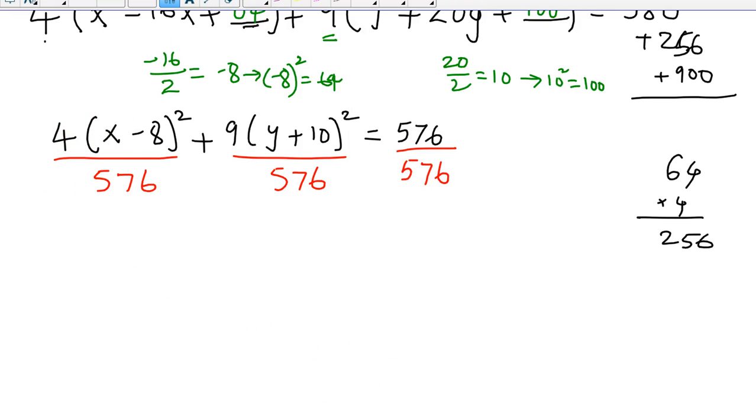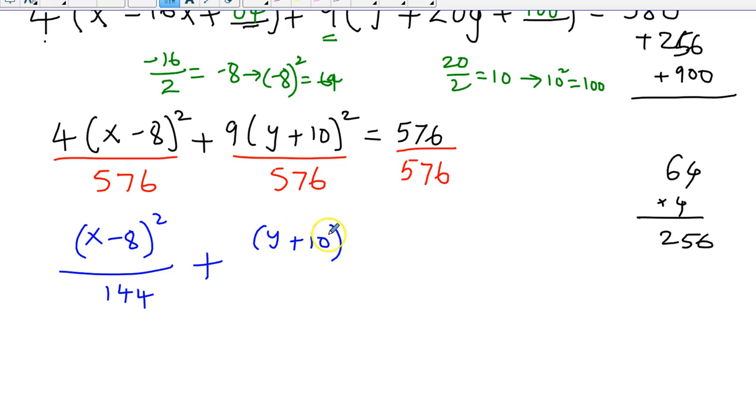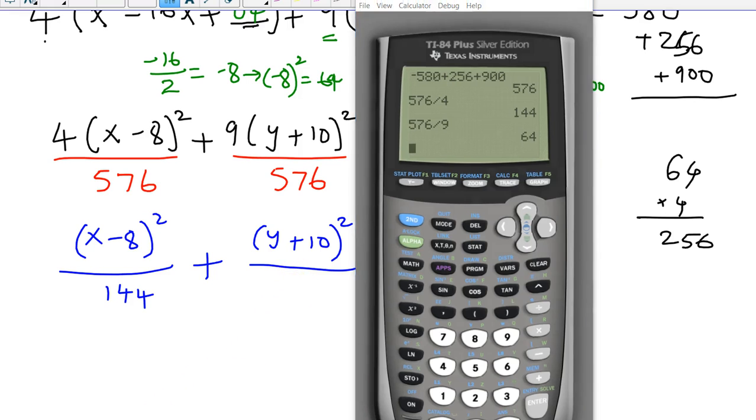So this is (x minus 8) whole square over 144, plus (y plus 10) whole square over 64, right?